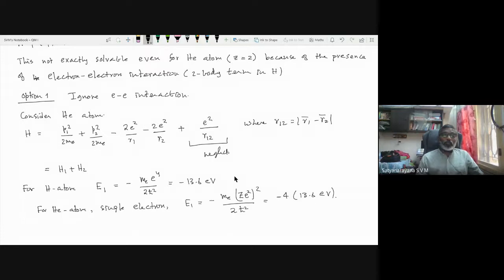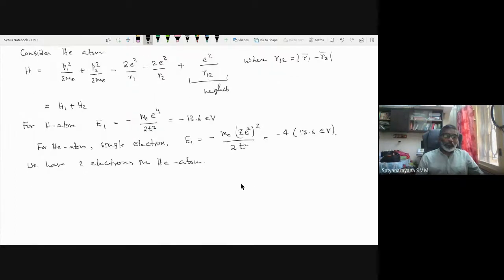Okay, and we have 2 electrons in helium atom, and those 2 electrons will not know that there is another electron because they are not interacting with each other.